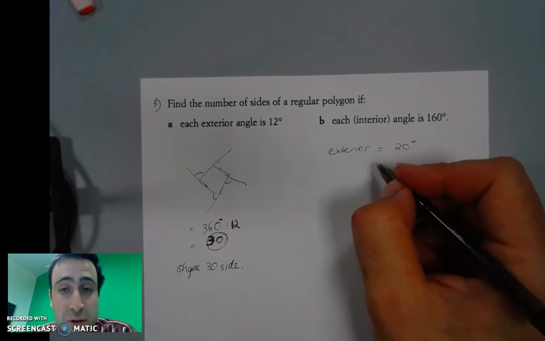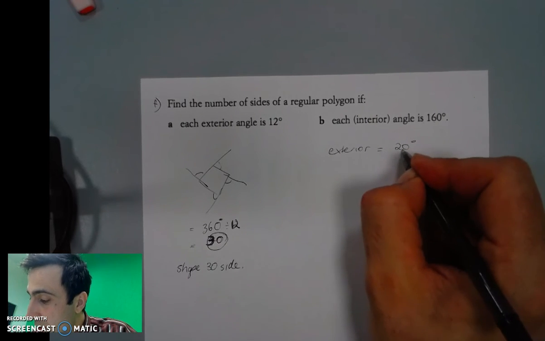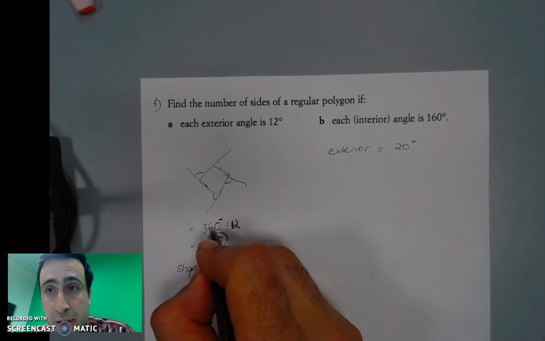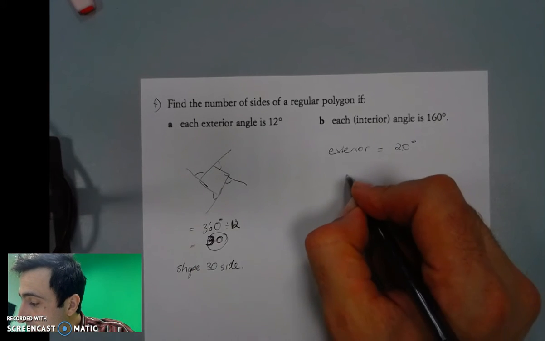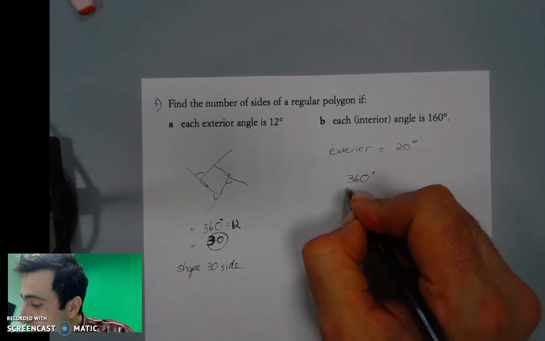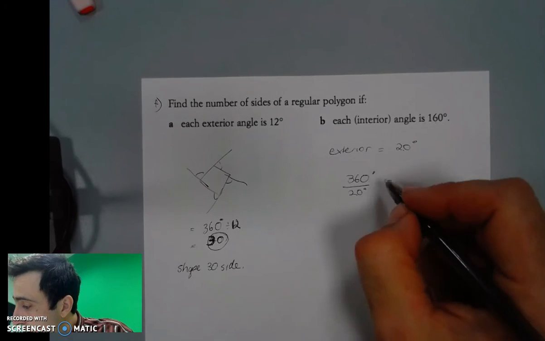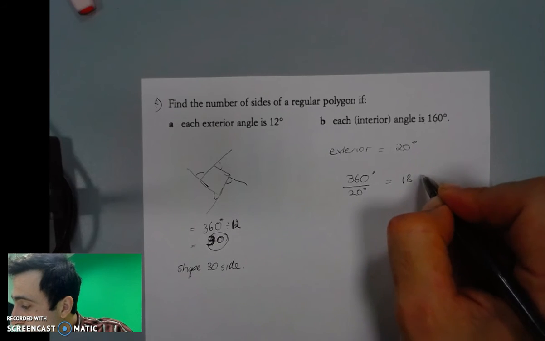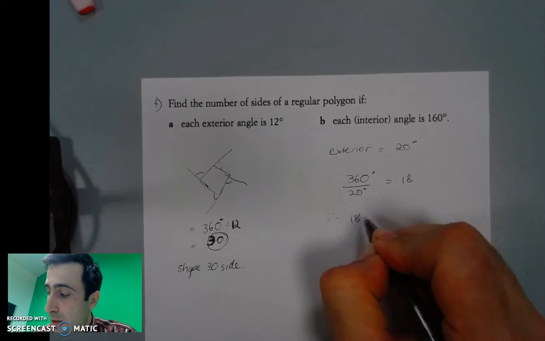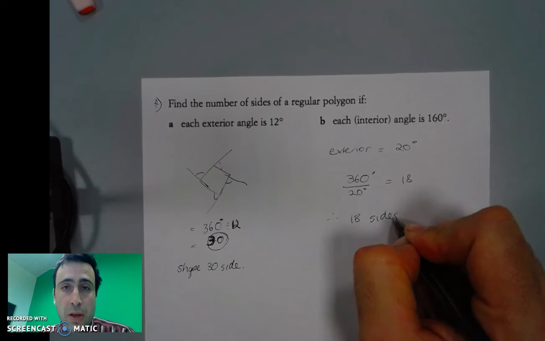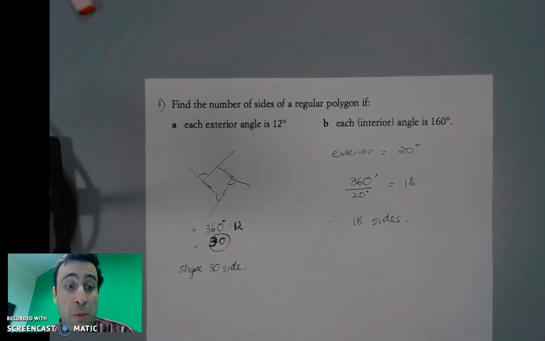That means now we have to do the same thing. Well, how many lots of 20 degrees add up to 360? And so it's 360 degrees divided by 20 degrees, and we see that is 18, and therefore it has 18 sides. So we've just done polygons in one big hit.